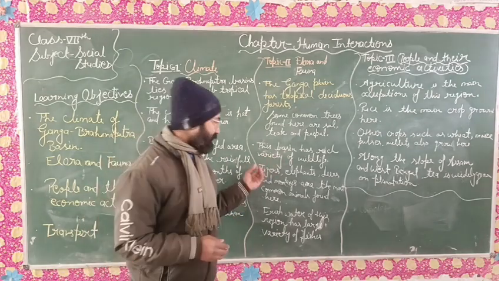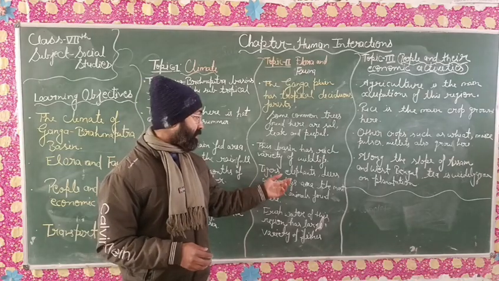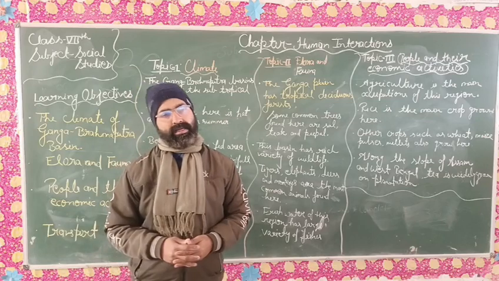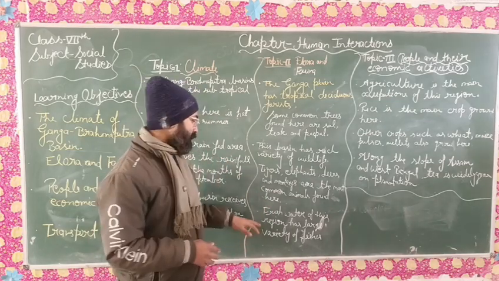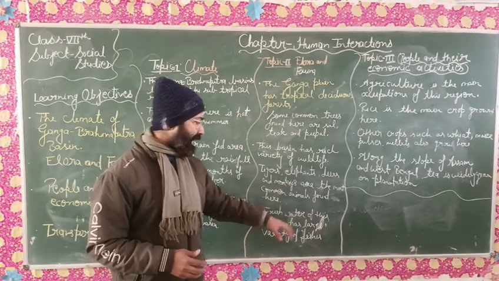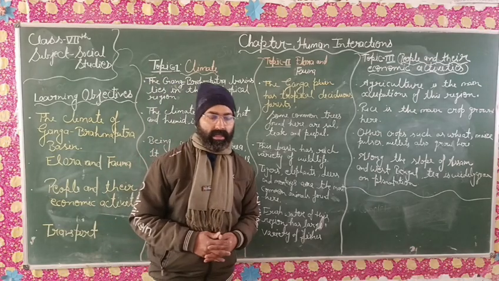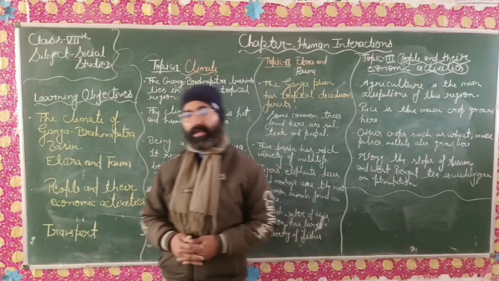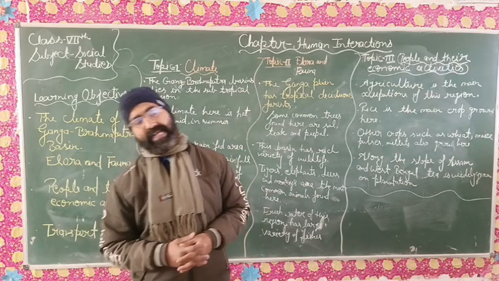So this basin has a rich variety of wildlife. Tigers, elephants, deer and monkeys are the most common animals found here. The fresh water of this region has a large variety of fishes. As you know, the people of Assam and Kolkata, what is the staple food of that region?